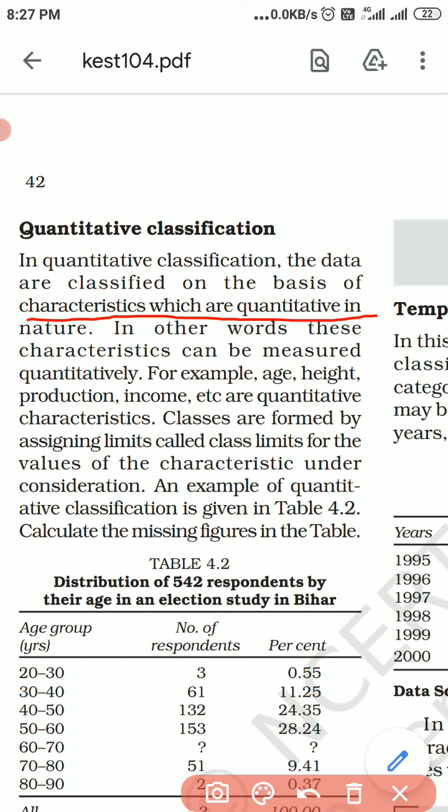For example, you can see in the table below distribution of respondents by their age. So you can see the age group and number of students, respondents, percentage. So these are the numbers, numerical information, which is quantitative information, which is showing some kind of characteristics of the data.